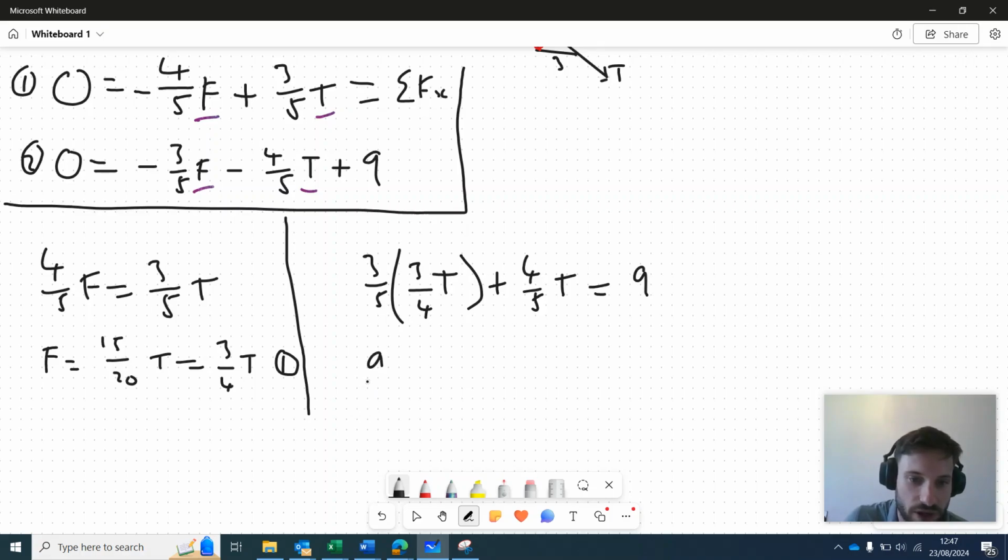Okay, so 9/20 T plus, I'm going to change the denominator here to 20, so that would be 16/20 T equals 9.